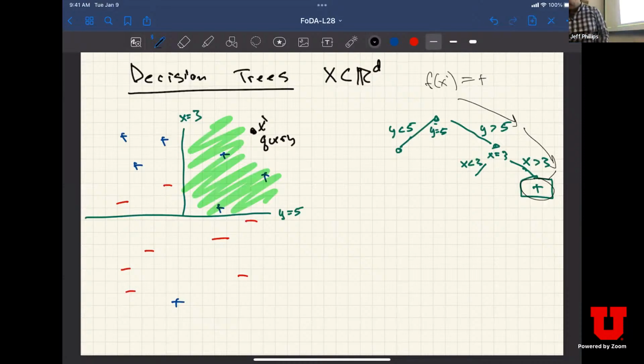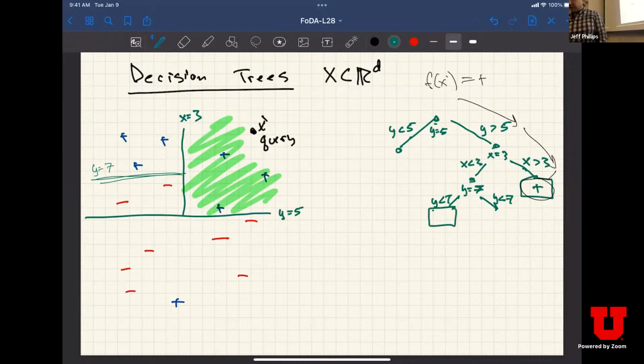On this other side, I might want to split again. I might say y equals 7 is this value, and split here again, with y greater than 7 or y less than 7.